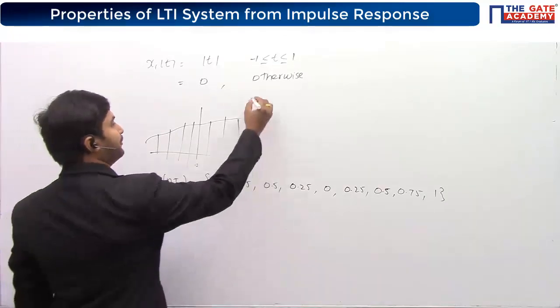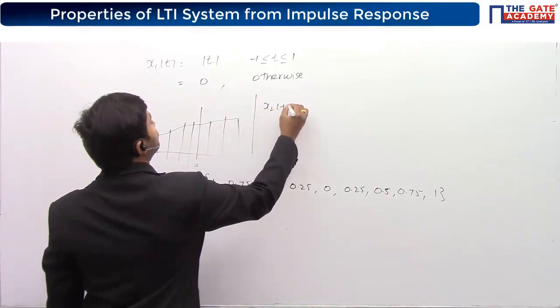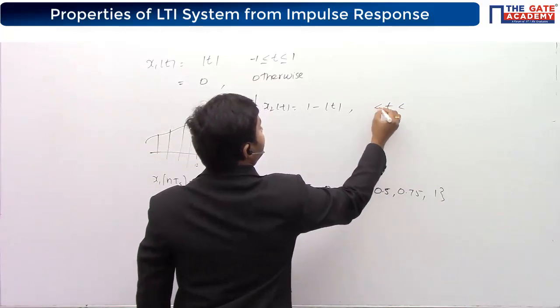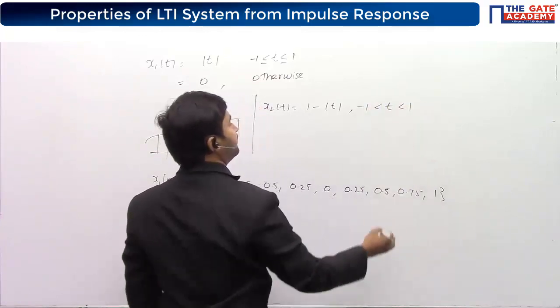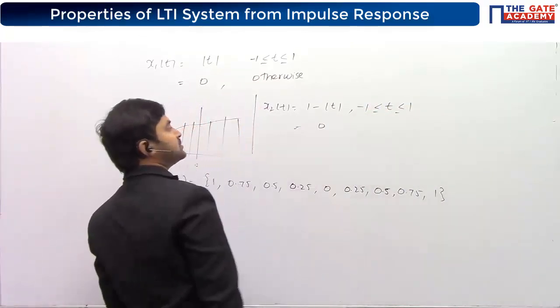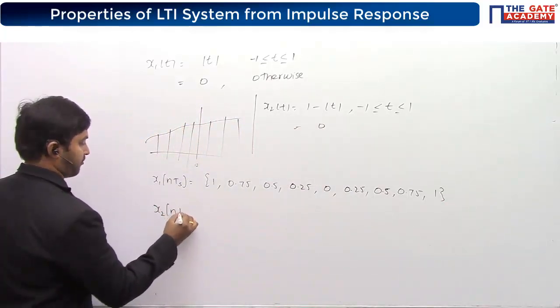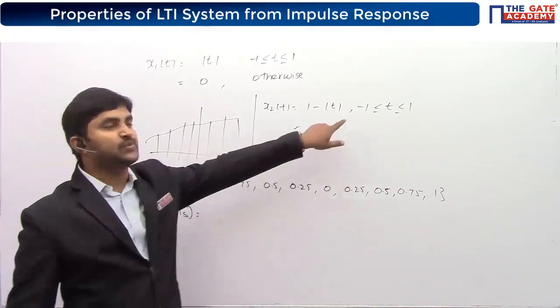Second signal is x2 of t equal to 1 minus mod of t for the same region. So again let us start from the top, minus 1.